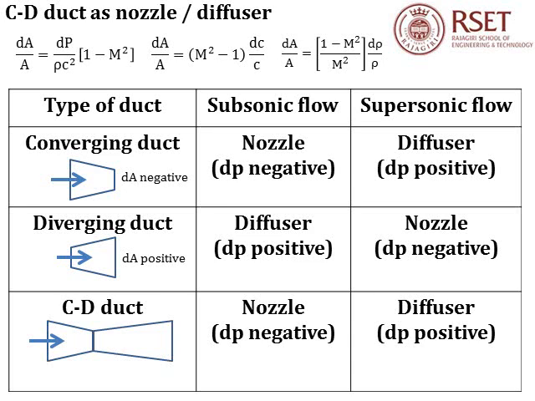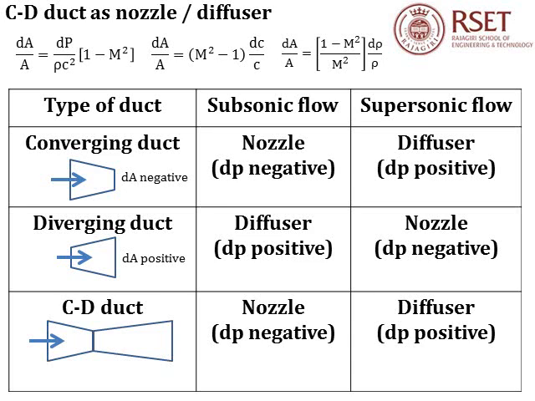Now let us take the case of a CD duct acting as a diffuser. For the CD duct to act as a diffuser, the converging duct should have supersonic flow and the diverging duct should have subsonic flow.